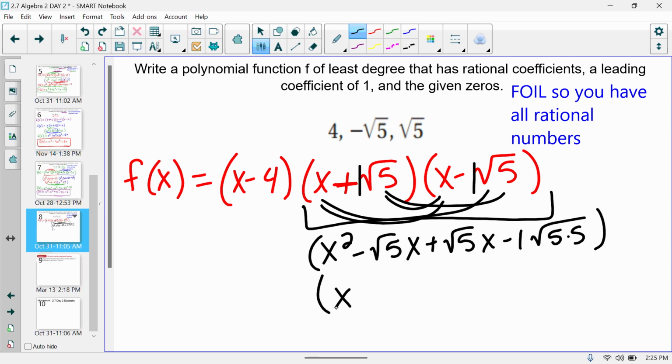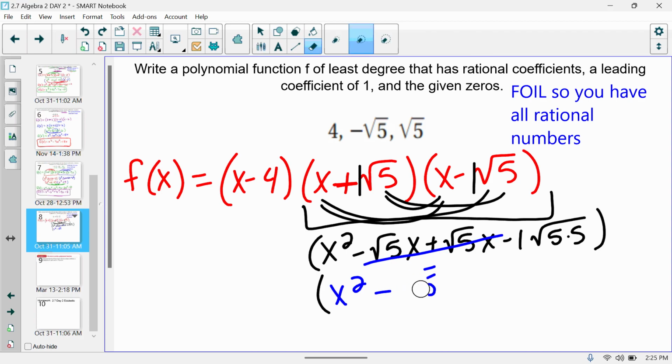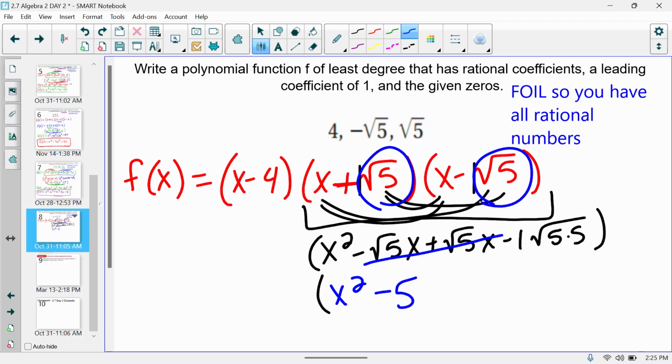So then, this is going to cancel. That's going to add to 0, right? So let me use a different color real quick. That's going to cancel. So that's like negative 1 times radical 25, but radical 25 is just 5, right? So, you could check in your calculator, radical 5 times radical 5, it's just going to be 5 every time, okay? Because 25 is a perfect square.